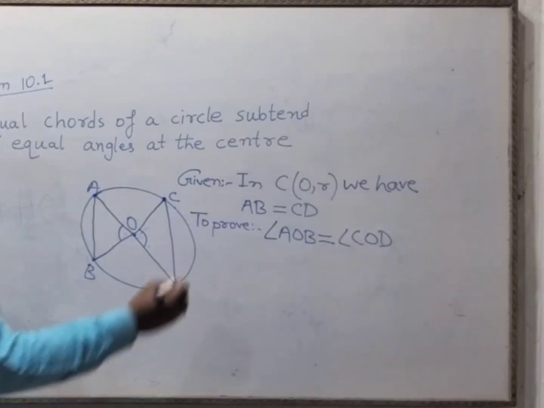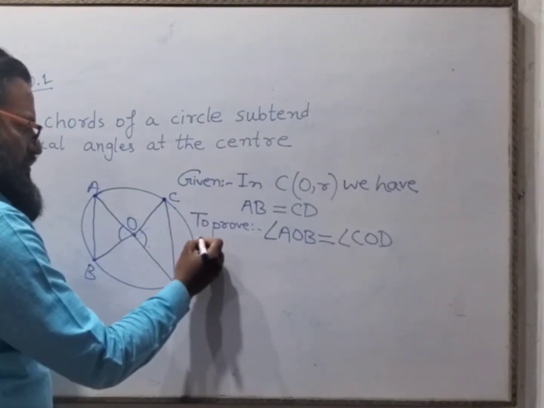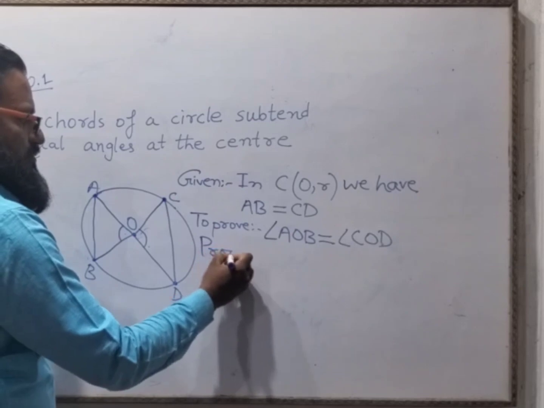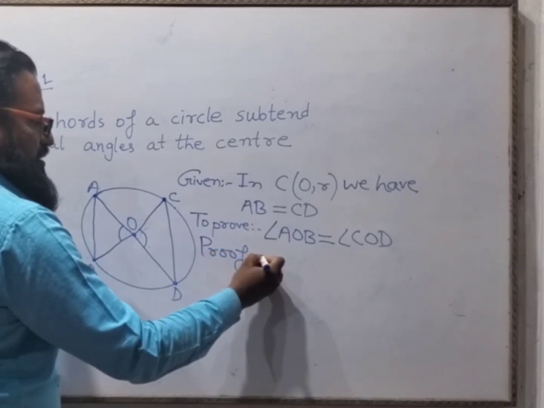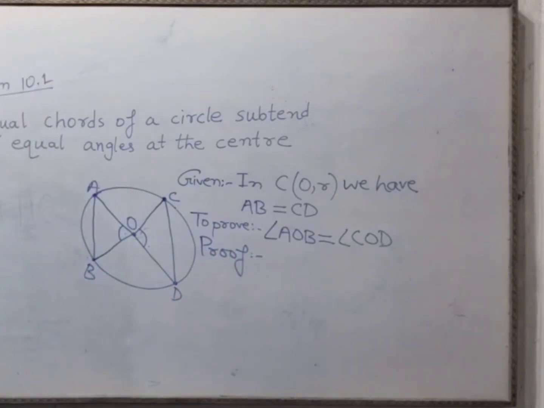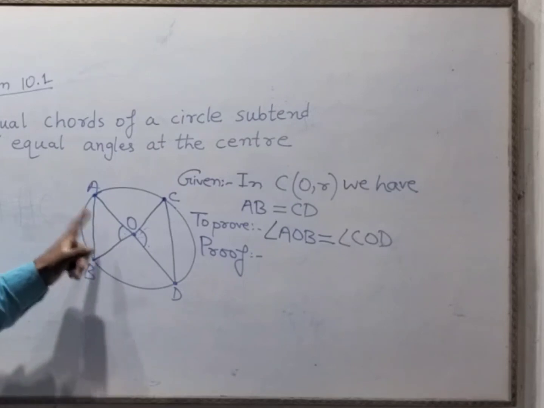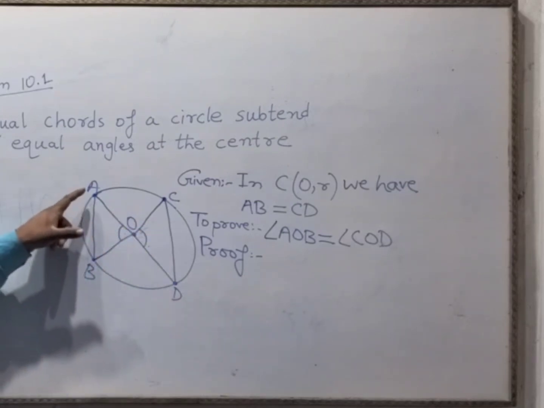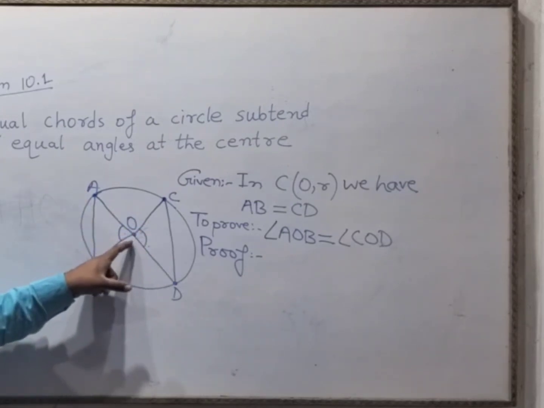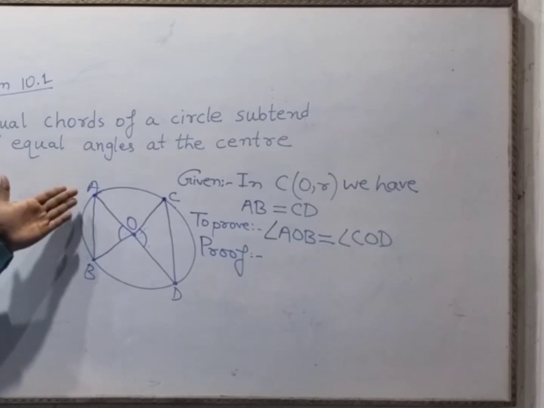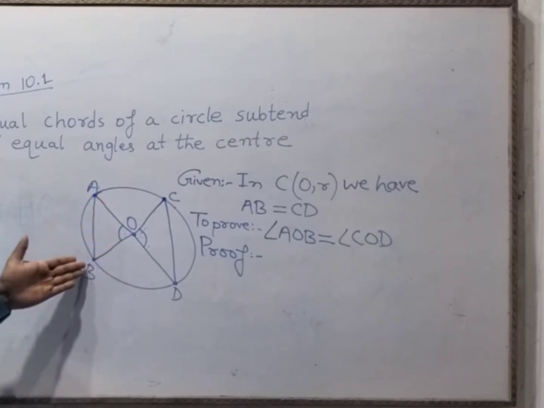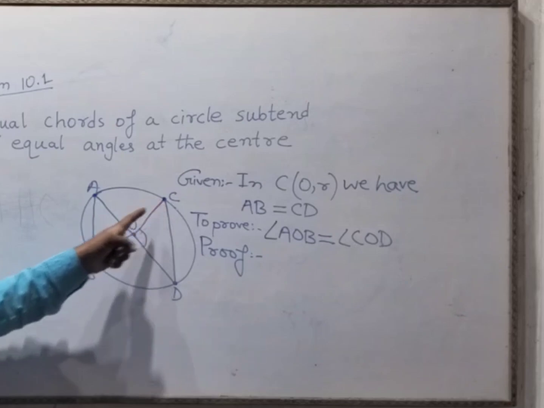Okay, how we shall prove? First of all, we shall write here proof. We shall present the proof here. Here you can see there are two triangles, triangle ABO, or you can say triangle AOB and triangle COD.